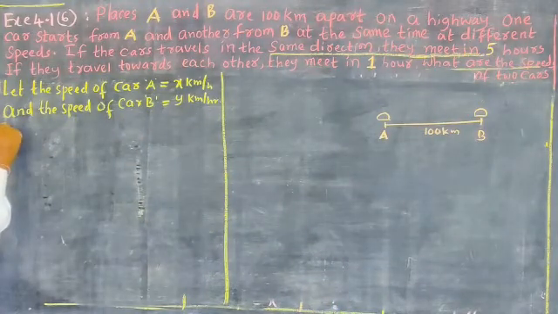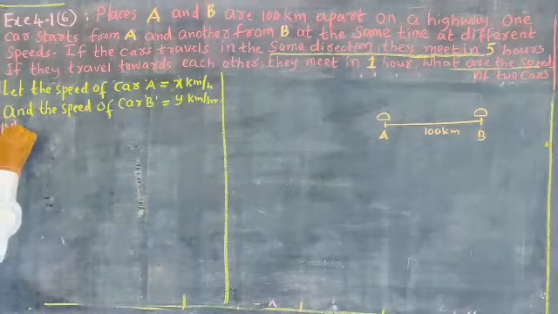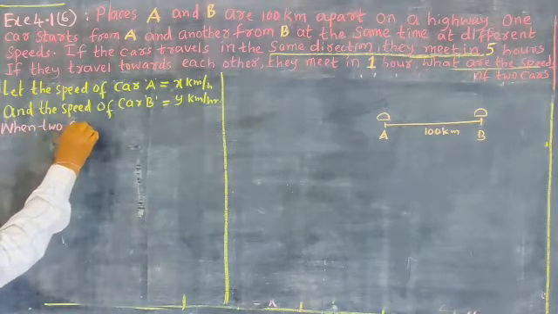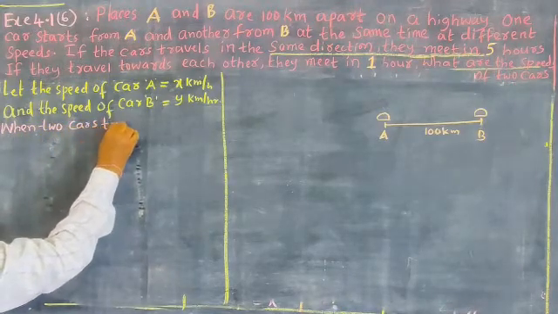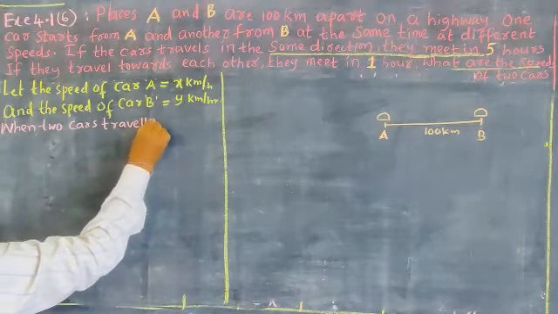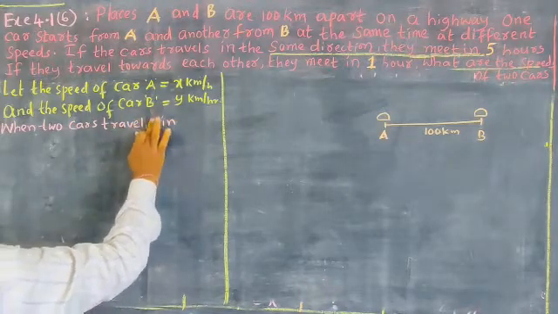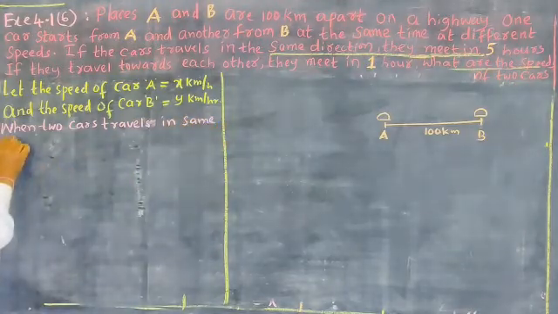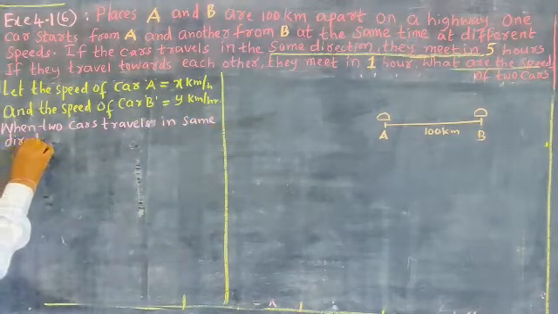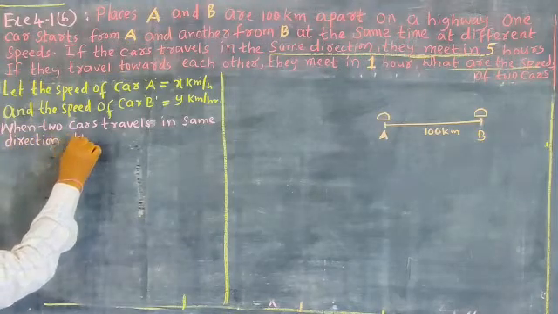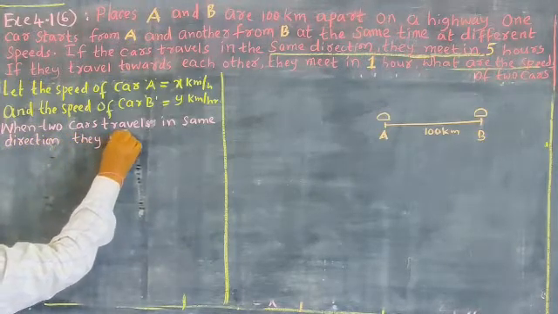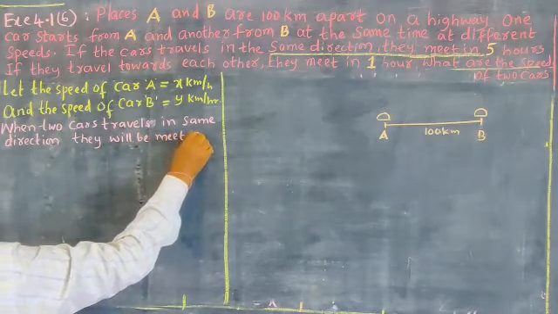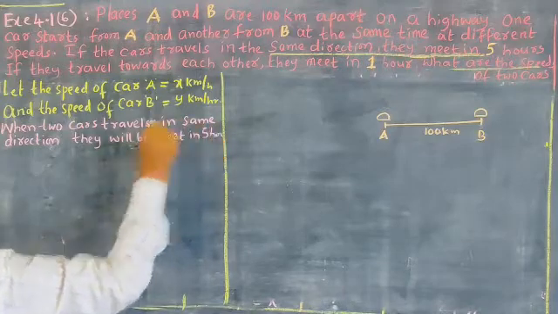When two cars travel in the same direction, they will meet in 5 hours.